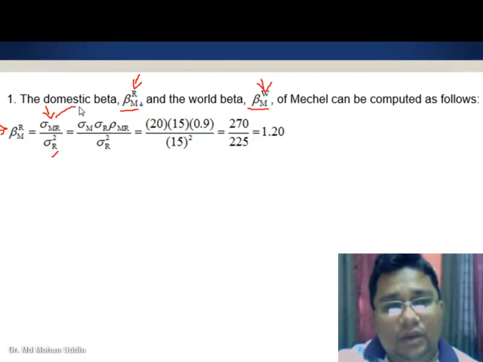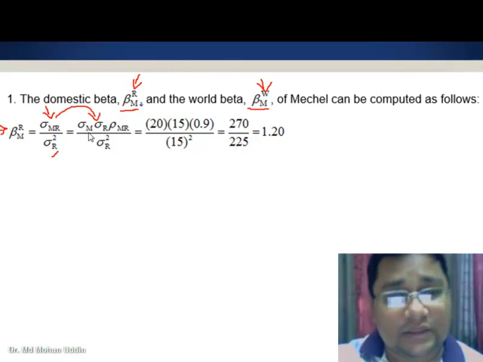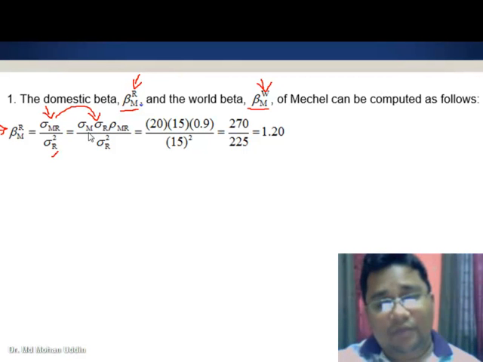So we can break this down. This M is for Michelle, that means the company return.